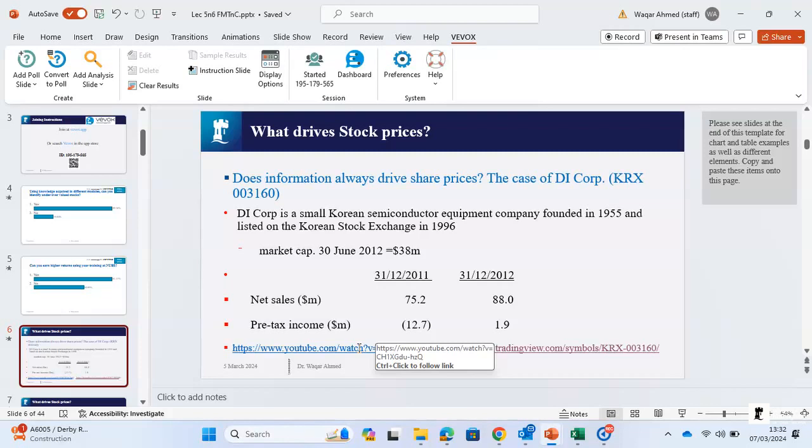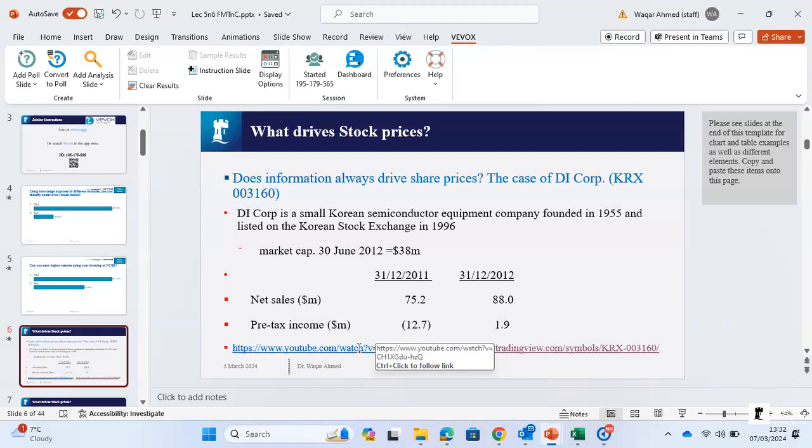Information. If, for example, all of a sudden you hear that there is a major breakthrough in cancer research, and company A has found a cure for cancer, that's new information. So what will happen to the stock price of company A? It should go up.